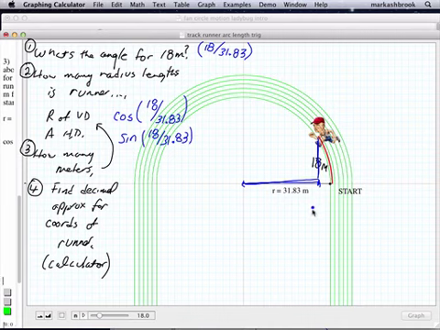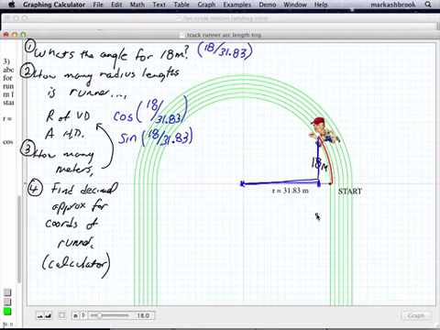Okay, let's estimate those. What would you estimate cosine of 18 over 31.83 to be? Something like 0.9.